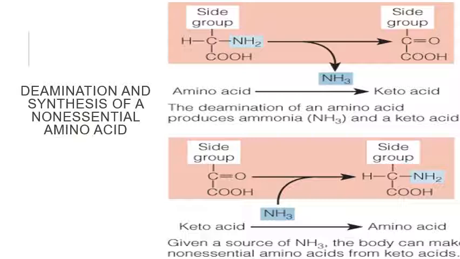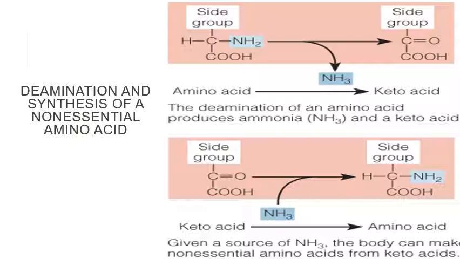Deamination and synthesis of non-essential amino acids. When the amino acid changes into a keto acid, the deamination of the amino acid produces ammonia and a keto acid.